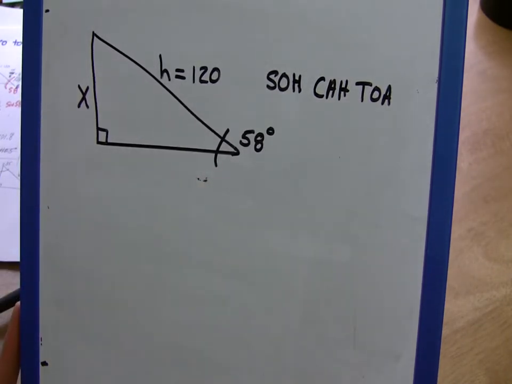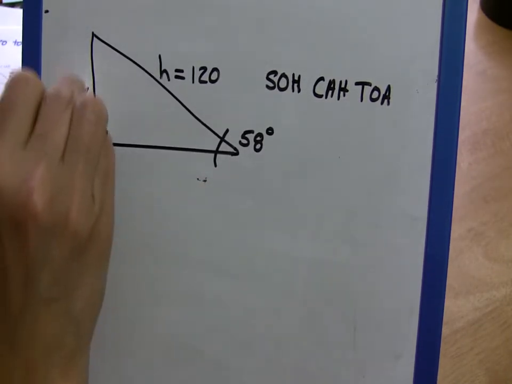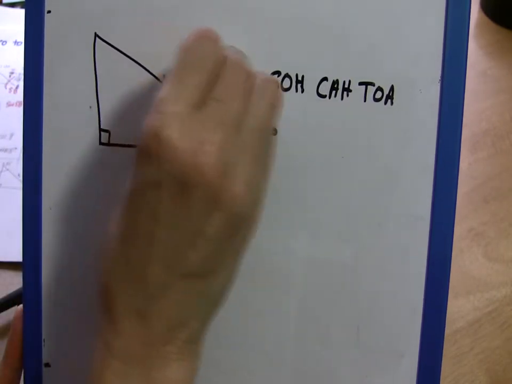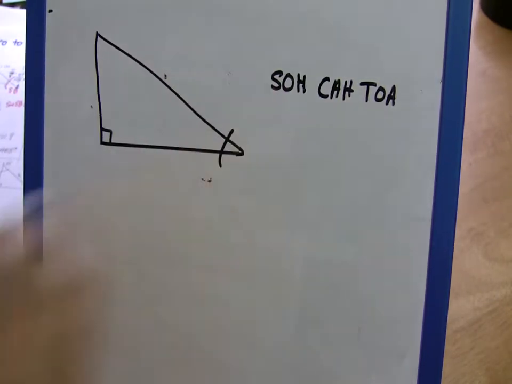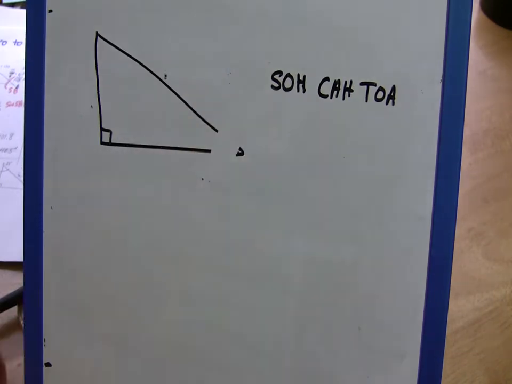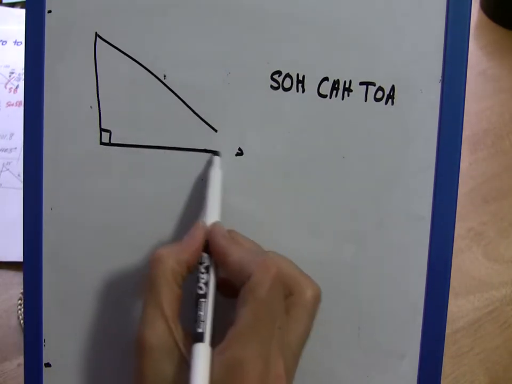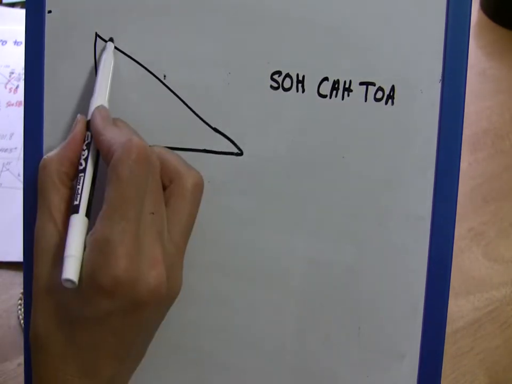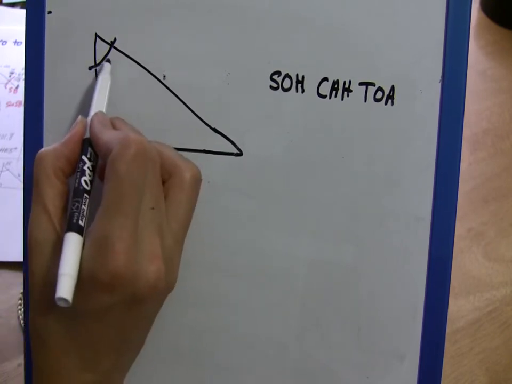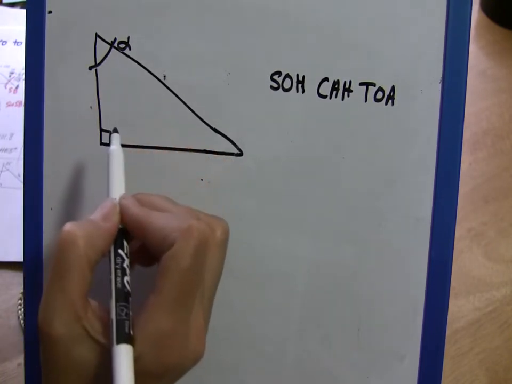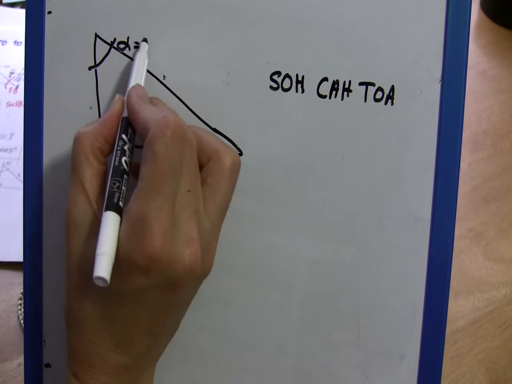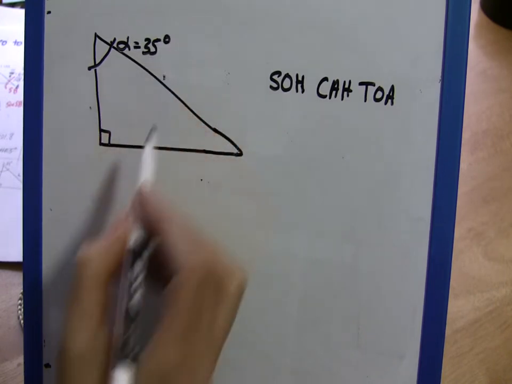Let's pretend that I'm going to deal with a different angle this time. We're going to pretend this is the angle that concerns us. We'll call it, again, alpha, and that alpha is 35 degrees.